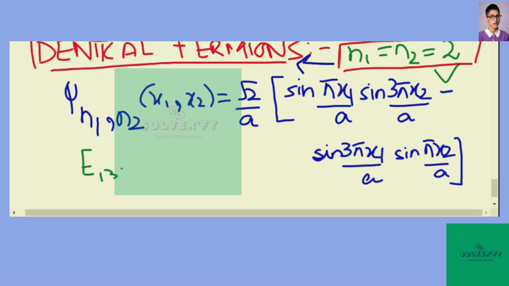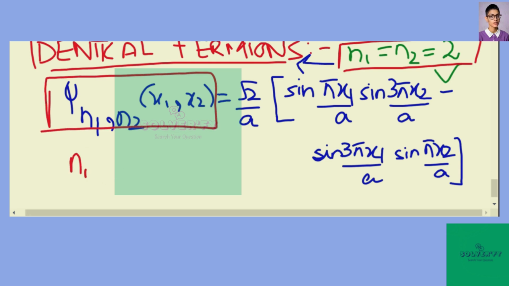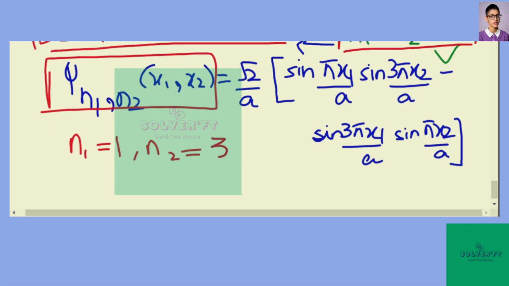So this equation is for the values when n1 is equal to 1 and n2 is equal to 3, and that is non-degenerate, right? So from here we would get that the energy is equal to 10k, right?